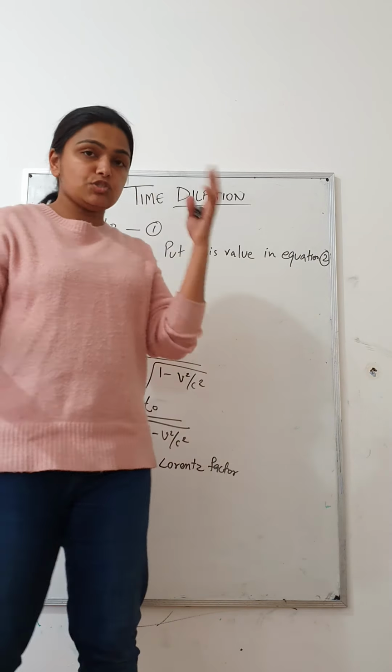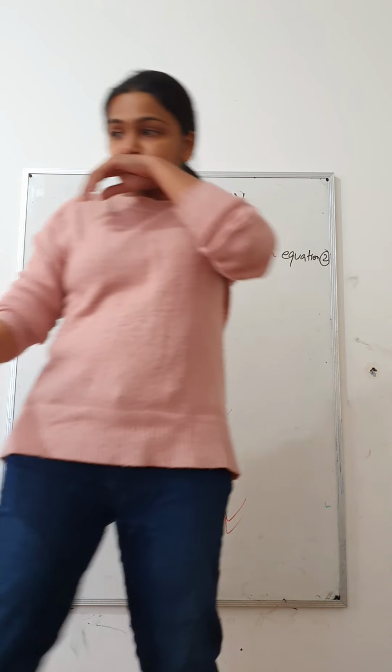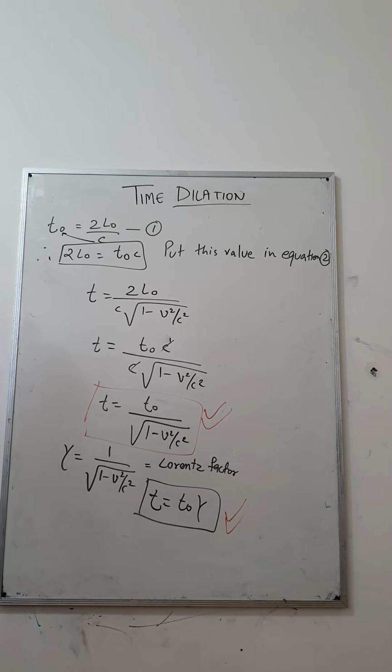For him, he is just in the spacecraft and earth is moving away from him. So he will get exactly the same mathematical formula and the same observation, that for him the clock on earth will tick slowly. Alright, this is about time dilation.